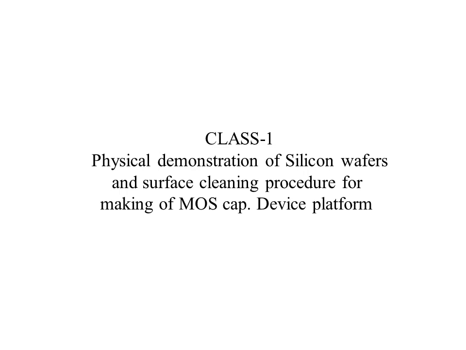This first class is divided into two parts. The first one is the physical demonstration: how many types of wafer there are, what exactly a wafer looks like, what the physical appearance of the wafer is. The second part is the cleaning of the surface. So we will just move forward.